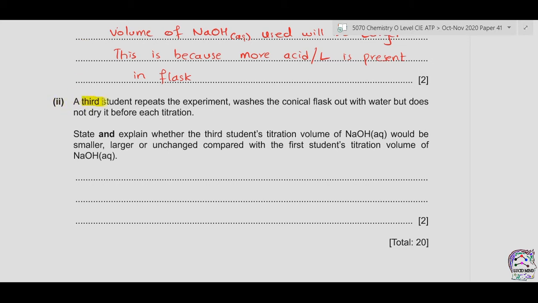Part 2. A third student repeats the experiment, washes the conical flask out with water but does not dry it before each titration. State and explain whether the third student's titration volume of sodium hydroxide would be smaller, larger, or unchanged compared with the first student's titration volume of sodium hydroxide.